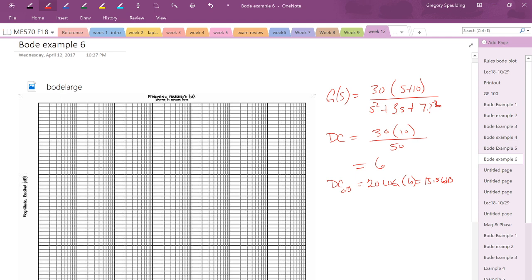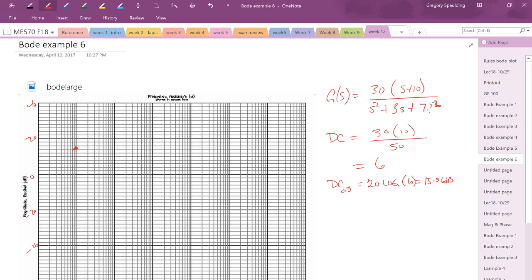And so we're at omega equal 1. Let's go 0, 20, 40, minus 20, minus 40. At omega equal 1, we're going to go to 15, which is about up in here, right there. We have no free s's, so we're going to start horizontal.